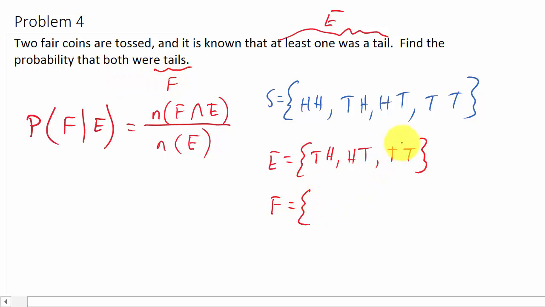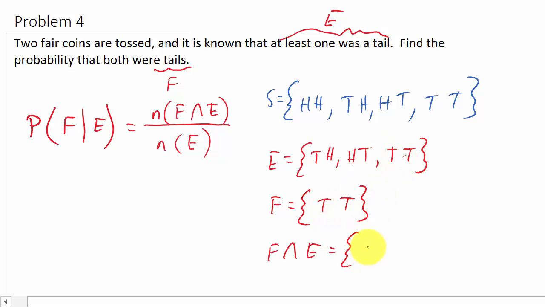Well, both are tails is just this one. And E and F, or since we wrote it like this, F and E. Well, what do these two sets have in common?